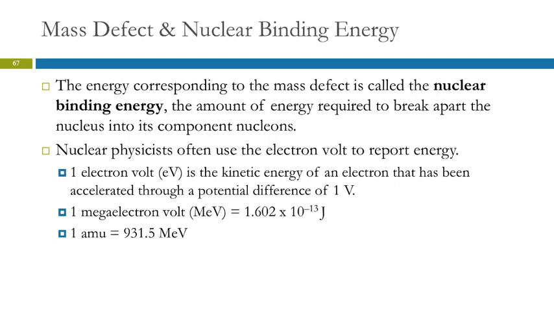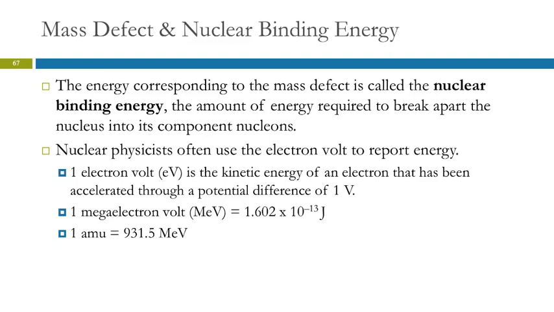So nuclear physicists often use a unit called the electron volt to report energy. And an electron volt has the abbreviation eV, capital V for volt and e for electron. An electron volt is the kinetic energy of an electron that has been accelerated through a potential difference of 1 volt.